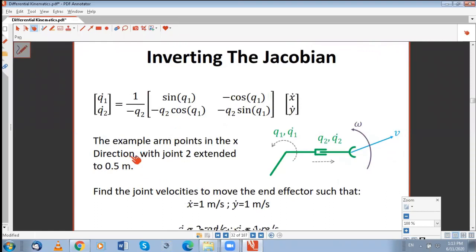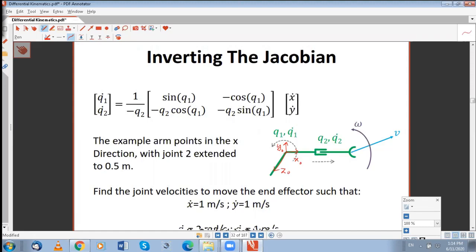Okay? The example arm points in the x direction. It means this was your Z, sorry, out of the page. And this is your x naught. Okay? And y naught is upward.